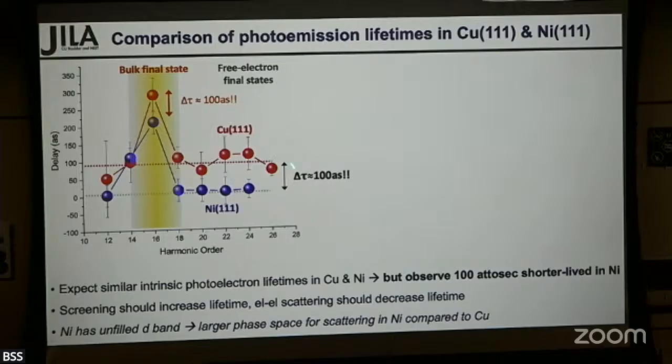But what was interesting here, we thought, is that the free electron states in copper versus nickel had a different lifetime. And so it lets us look at these electron scattering processes in copper versus nickel.